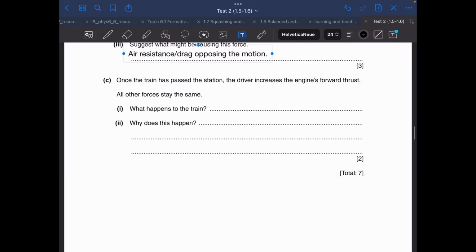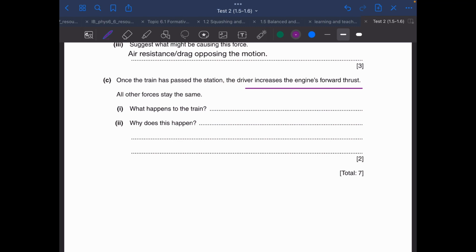Okay? C. Once the train has passed the station, the driver increases the engine forward thrust. So it's not going to be 70,000 newtons anymore. It's going to be more than 70,000 newtons. All other forces stay the same. Interesting. What happens to the train?